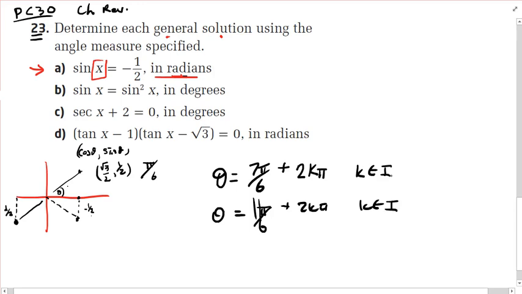If you want to list the angles plus 2k pi, that's fine for me. What you also could do, and this gets a little bit trickier, and I'm not sure if the textbook really encourages this, is name one of these angles and then add pi/2.